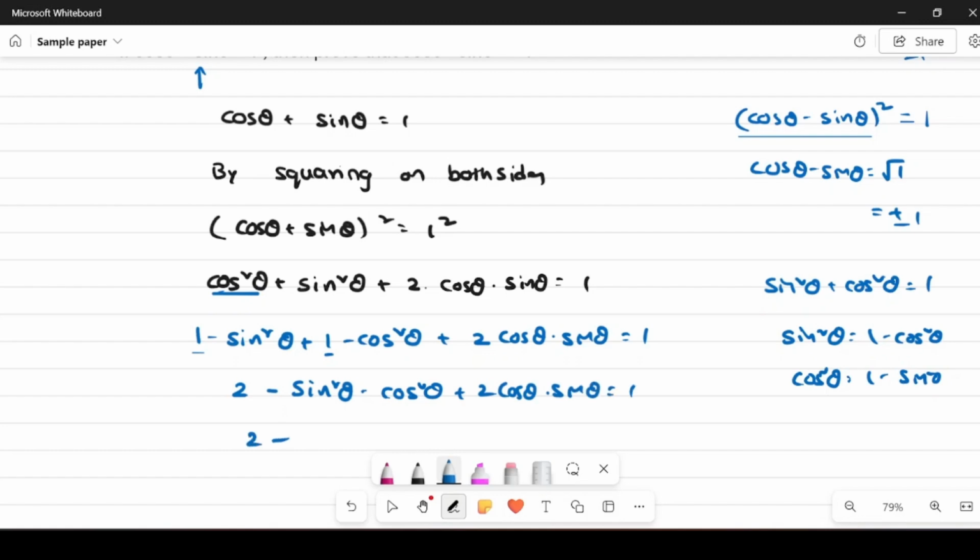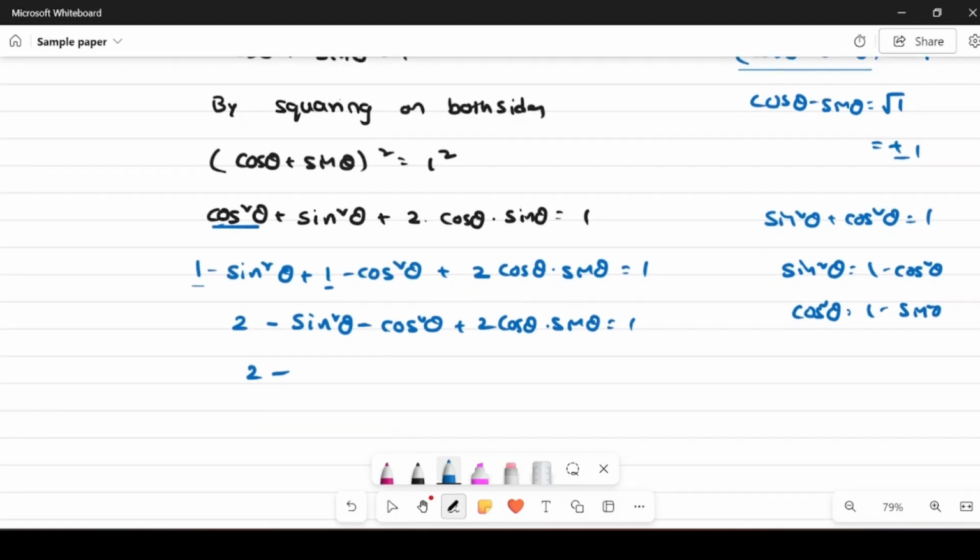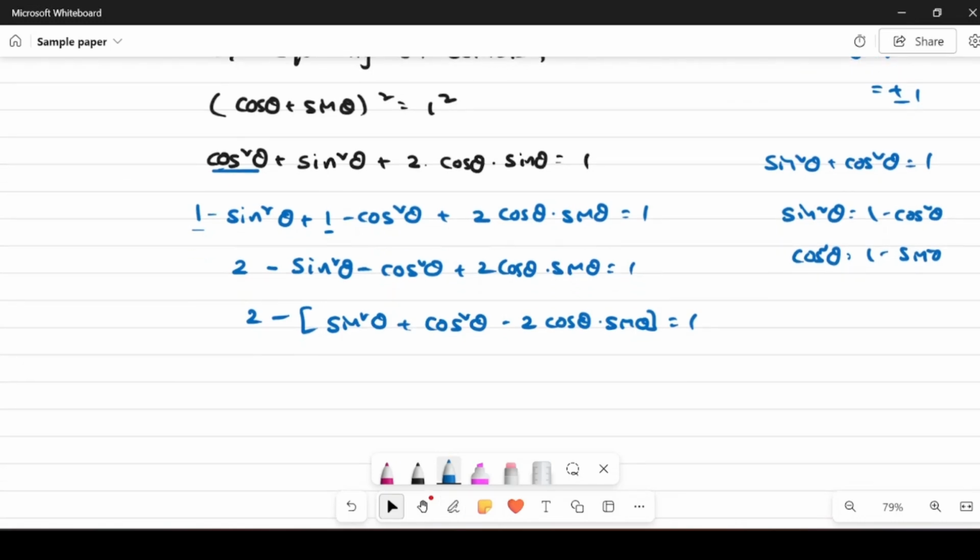Now if we take minus common from these three terms, we'll get sin square theta plus cos square theta minus 2 sin theta cos theta is equal to 1, right? Now can we write this as, this is in the form of a square plus b square minus 2ab, right?